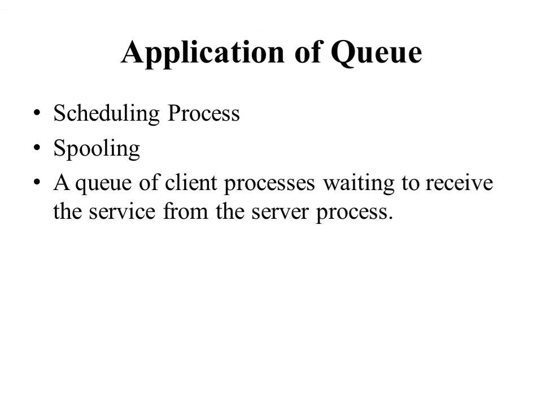An application of queue is process scheduling, which means job scheduling. Job scheduling is the process where different tasks get executed at a predetermined time or when the right event happens. Next is spooling.